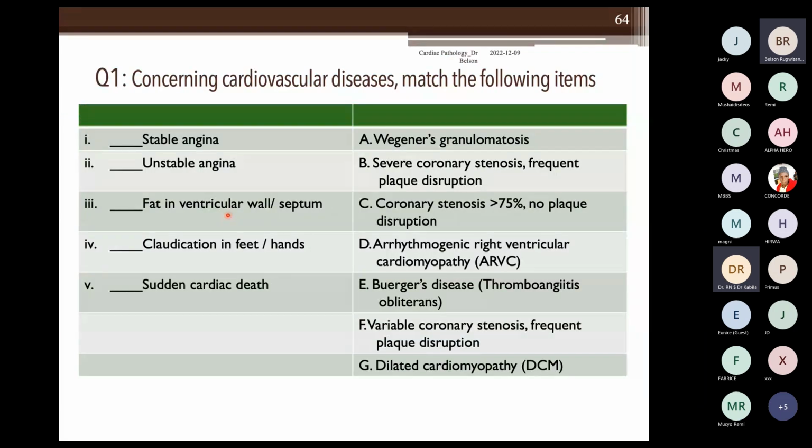So we come back on this question that we had on cardiac pathology. So I think now here we have to answer this fourth statement. Claudication in the feet and the hands is associated with which of the diseases here? I think it is thromboangiitis.